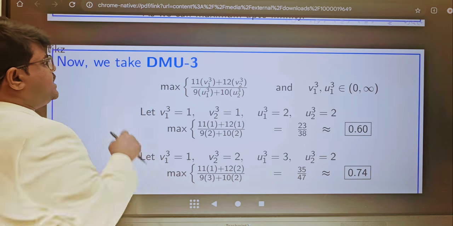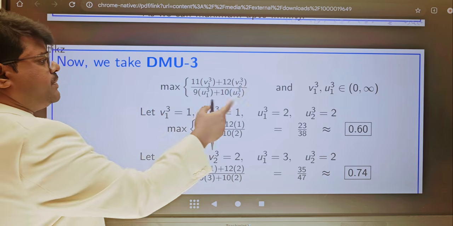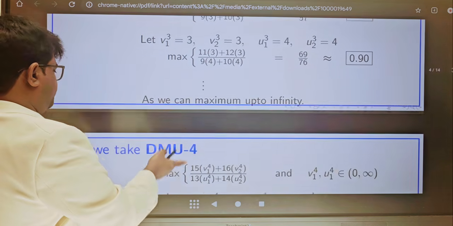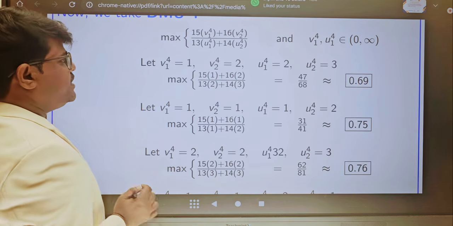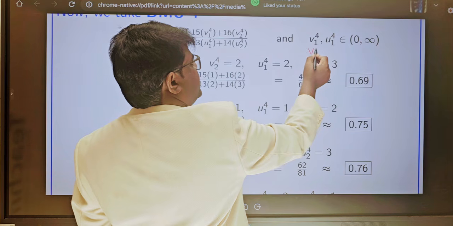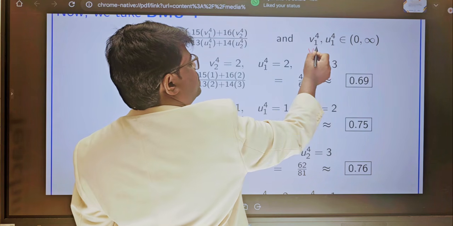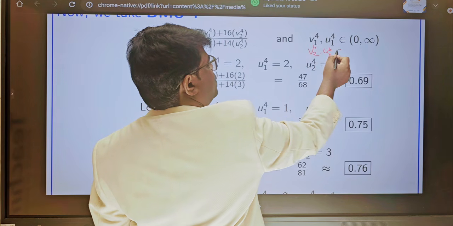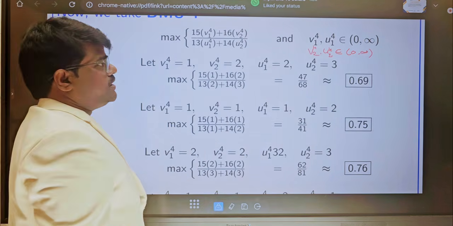Similarly in the case of DMU3, we can increase up to infinity by taking values of V1, U1, V2, U2. For DMU4 also, similarly we can increase up to infinity, that is V2 4, U2 4 belong to the open interval 0 to infinity.